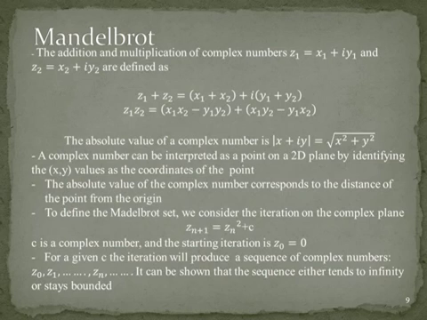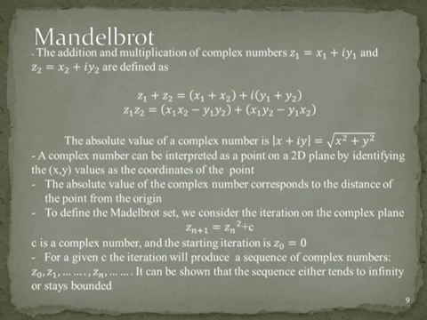The multiplication of the two complex numbers will be x1 x2, plus i y1 x2, plus i y2 x1, plus i squared y1 y2, where i squared is equal to minus 1.